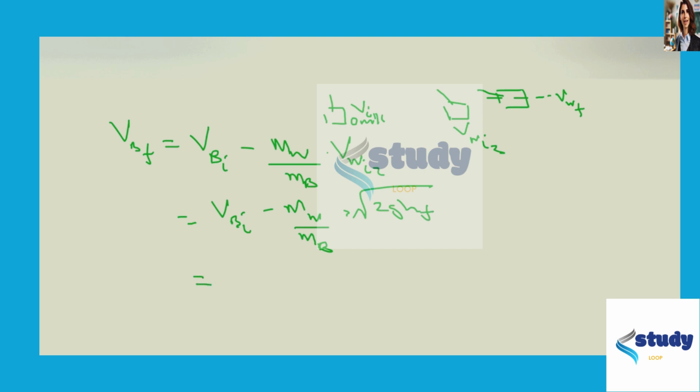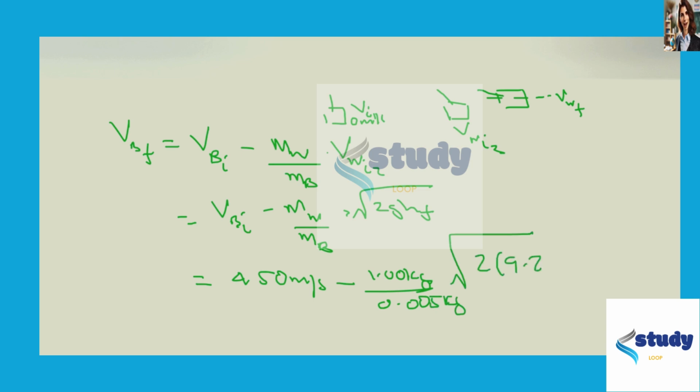And so, we have 450 meters per second minus 1 kilogram over the mass of the bullet, remember, was 0.005 kilograms, and then radical 2 times 9.8 meters per second squared times the height, which happens to be 0.0038 meters. So that's what we have right there.